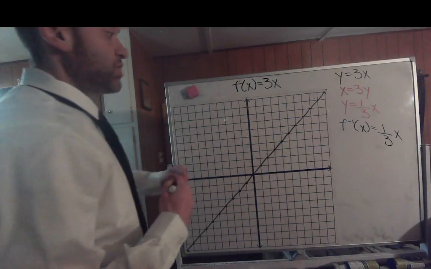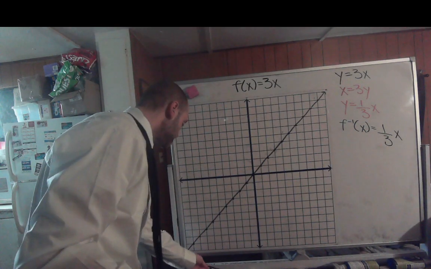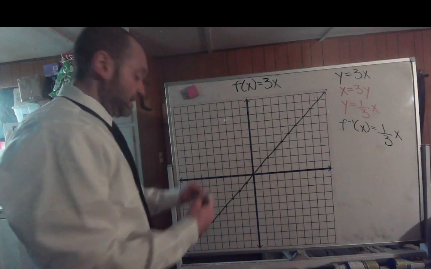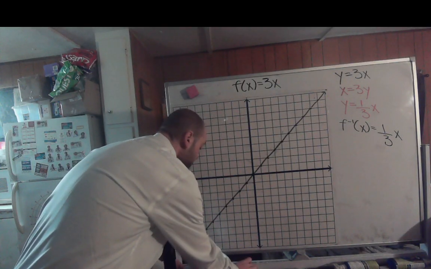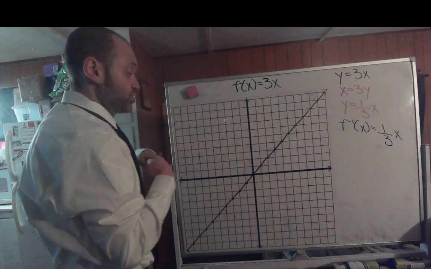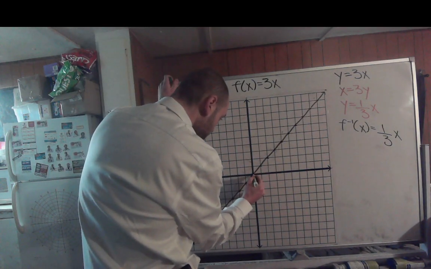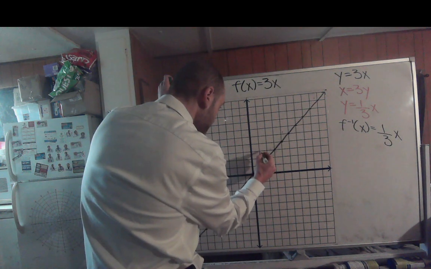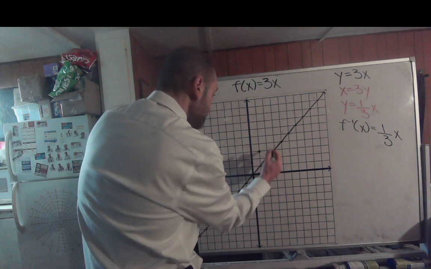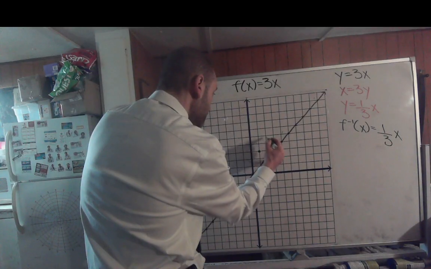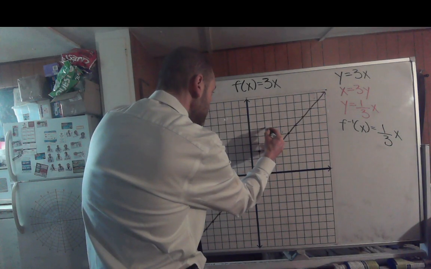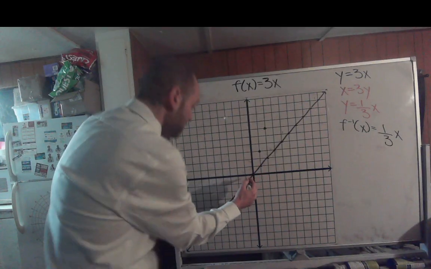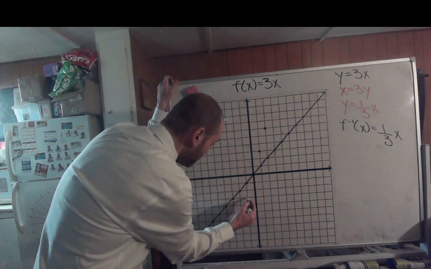So now let's graph these side by side. In the green, I will graph the f of x, which is 3x. You'll still get 0, 0. At 1, you'll get 3. At 2, you'll get 6. At -1, you would get -3.